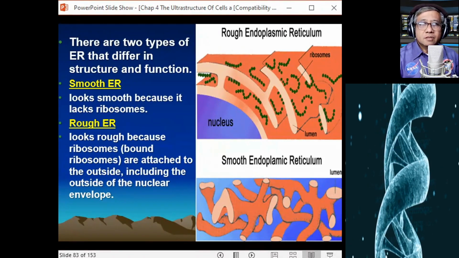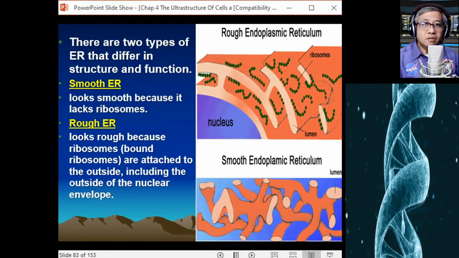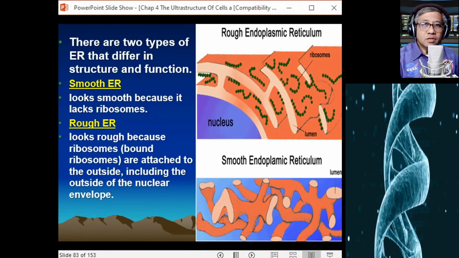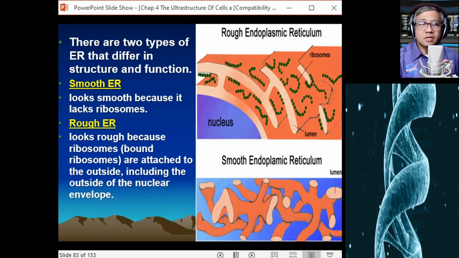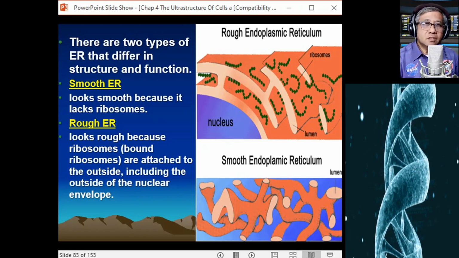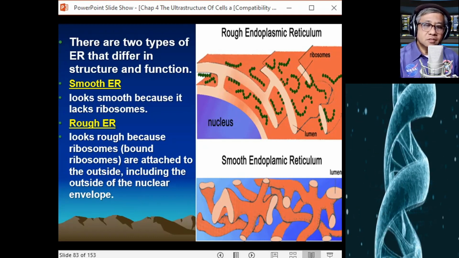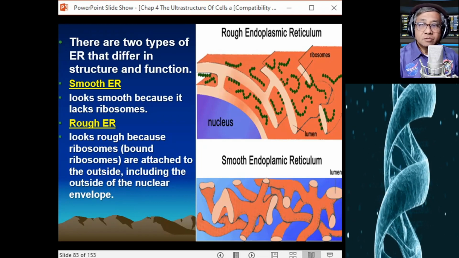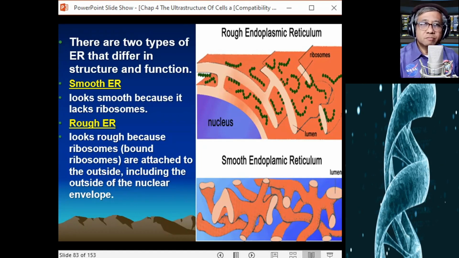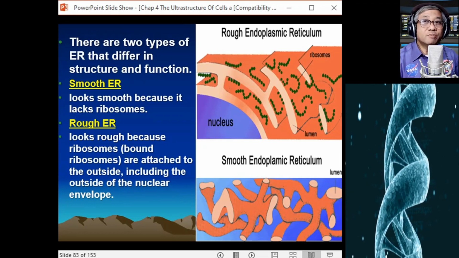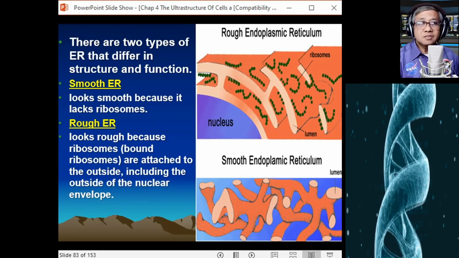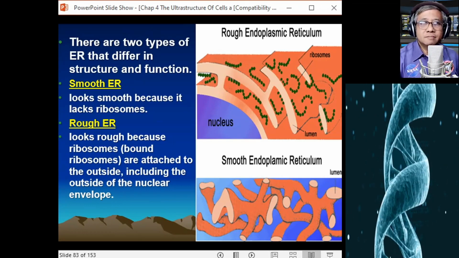And again, ribosomes are structures in the cell that assemble amino acids to form a polypeptide chain, or protein. Ribosomes are the protein factories of the cell.